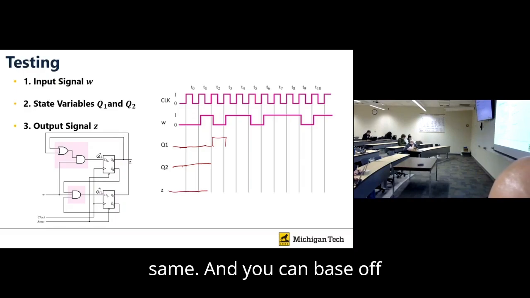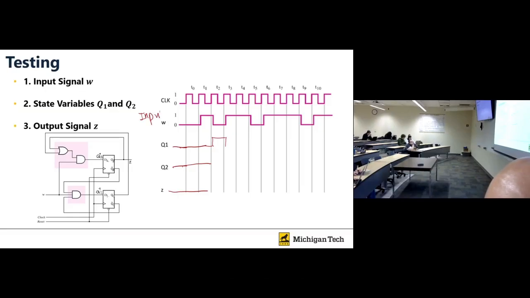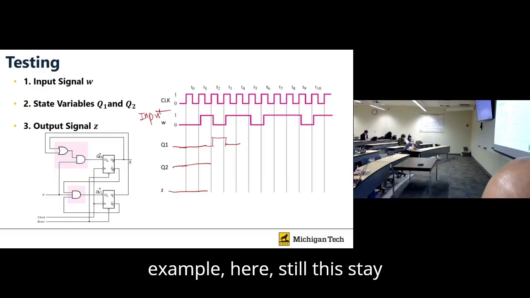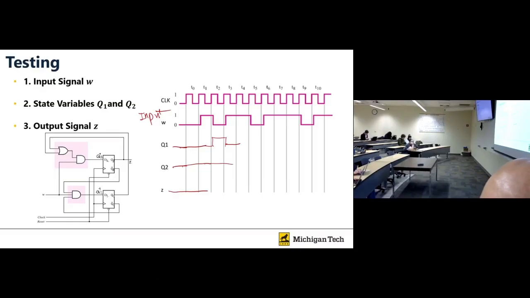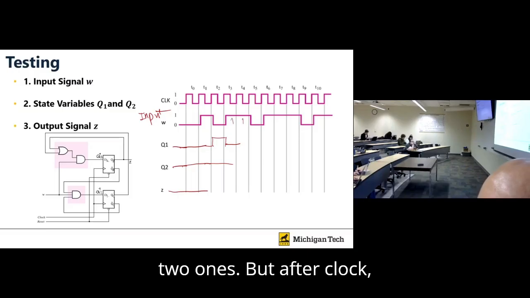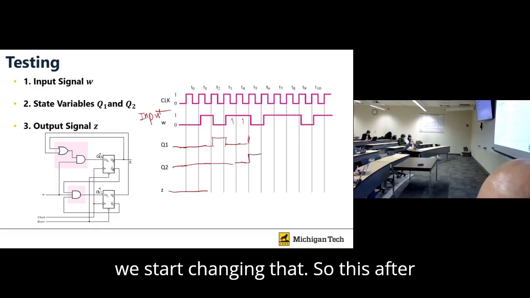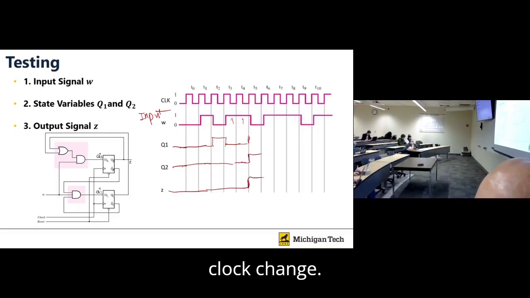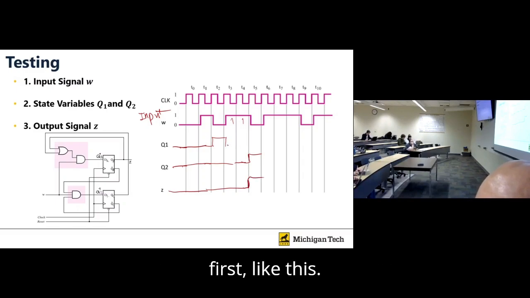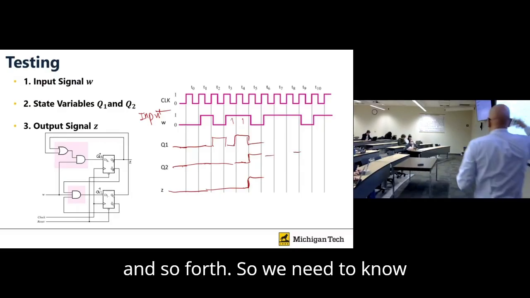Based off this input, you can find how these two change. For example, here this stays, and one comes again. So this is another one coming, 2 ones. But after the clock, we start changing that. So this changes after the clock. However, here this one changes first, like this, and so forth.